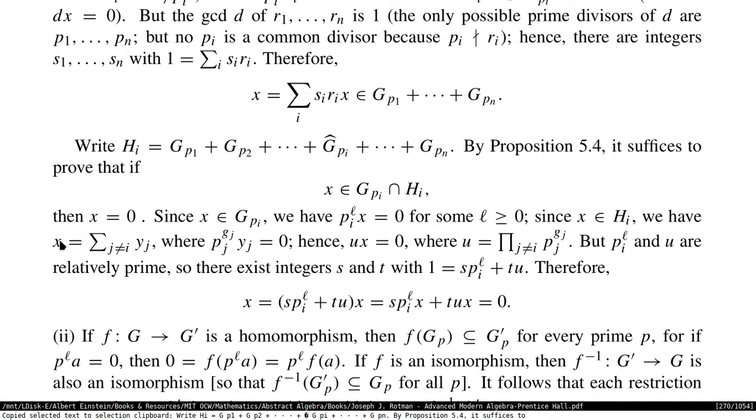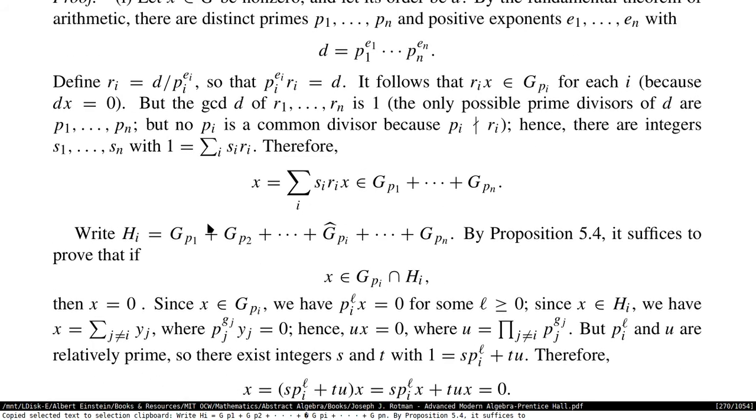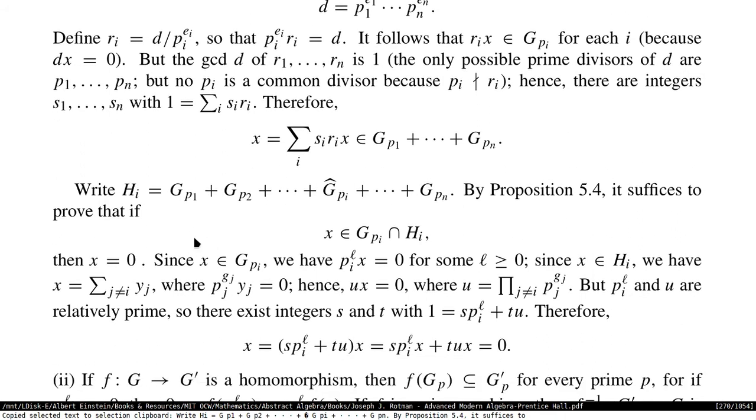So x is the summation of yj. Now yj are elements of this, right? So as they are elements of this, you can write pj to the power gj for some, right, so he hasn't used the gj anywhere else, right? So gj are some positive exponent. When you multiply these primes with the y, you vanish. So that's that.